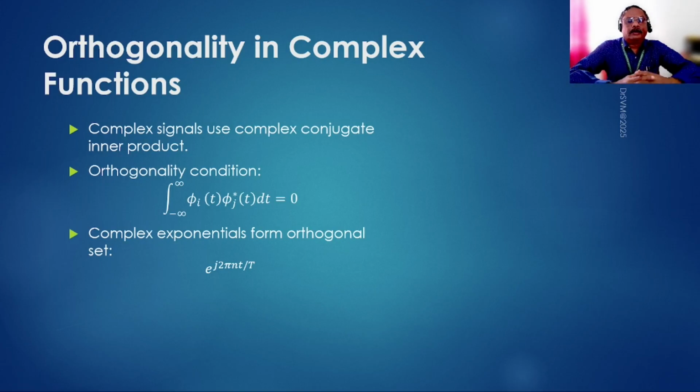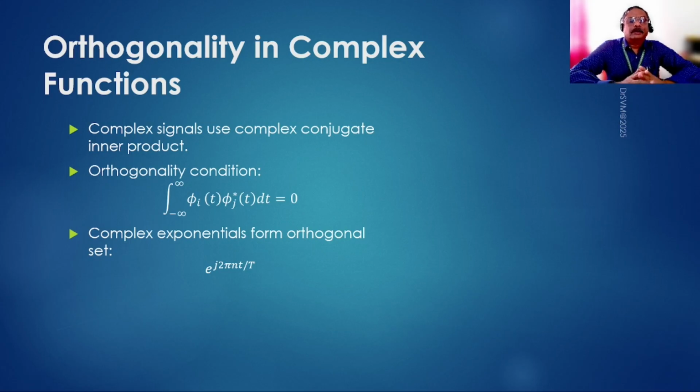If we look at e to the power j theta, in reality it is a unit vector which is rotating, and at any given time the angle between that vector and the x-axis is theta.